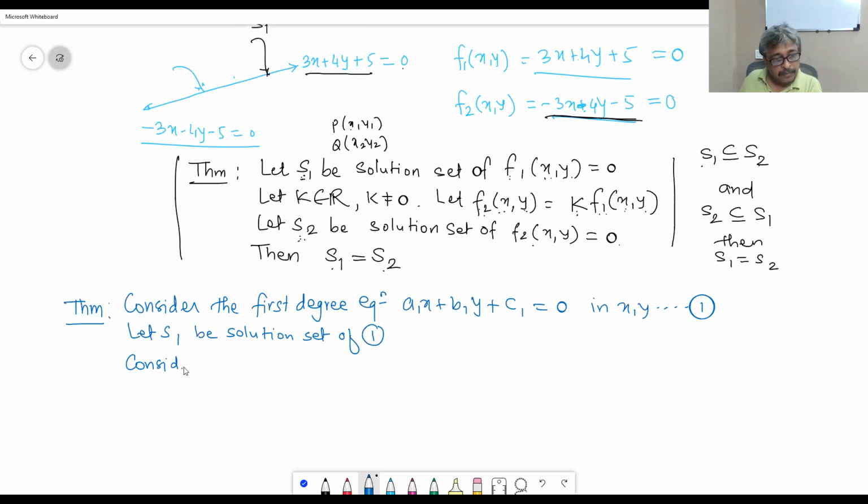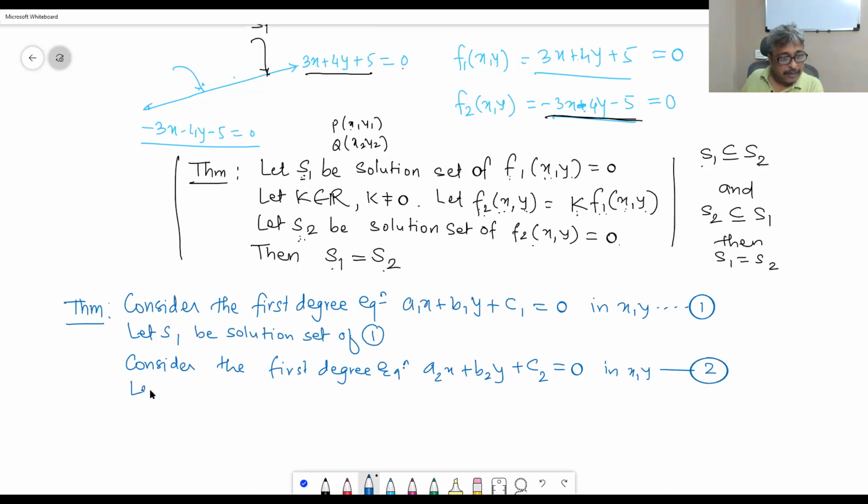Consider the first degree equation a2x plus b2y plus c2 is equal to 0 in x comma y. Let S2 be the solution set of 2.